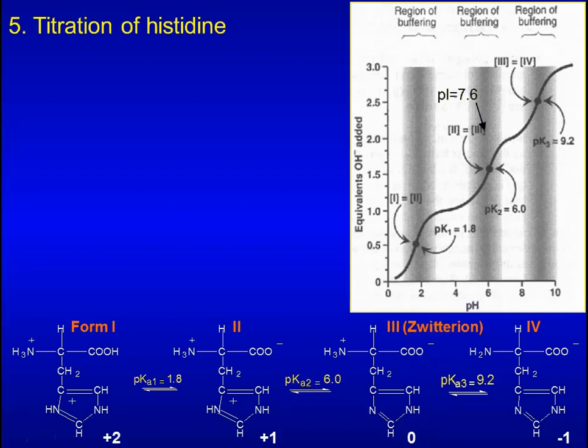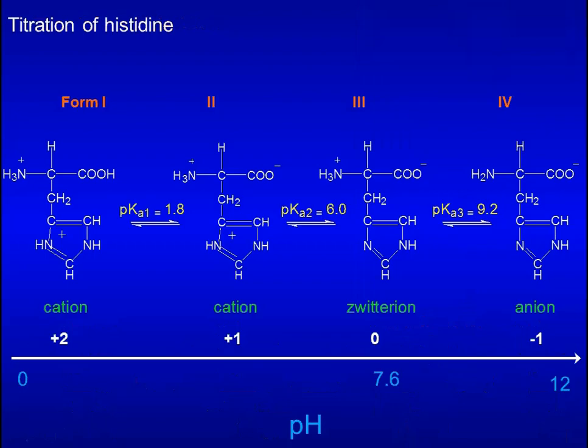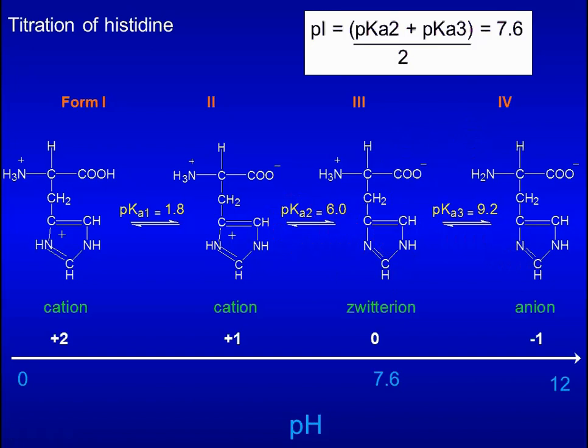Now, where's the pI? Based on what we learned from alanine, first we look for Zwitterion. And second, we look for 2 pKa's flanking the Zwitterion. Since form 3 is Zwitterion, the 2 pKa's flanking the Zwitterion are pKa2 and pKa3. The average of pKa2 and pKa3 gives rise to pI for histidine.